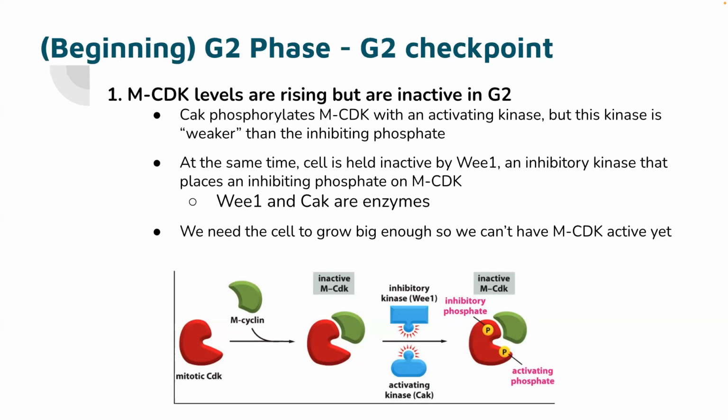While this is occurring, it's also held inactive by WEE1, which is an inhibitory kinase that places the inhibiting phosphate on MCDK. The reason it has this inhibitory phosphate placed on it is so the cell can still grow big enough, or else it will just go through prematurely without enough nutrients.